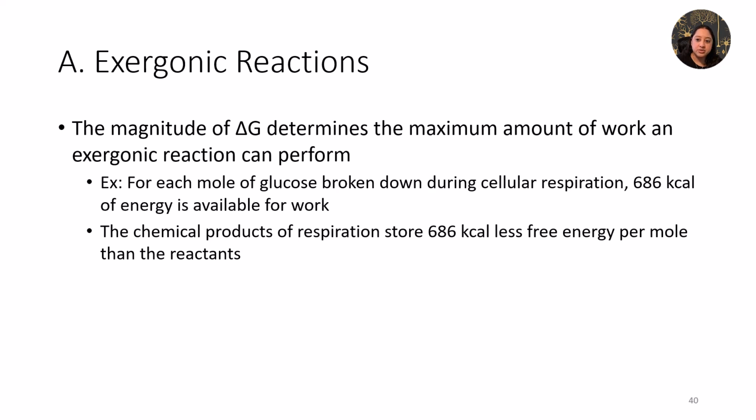When you break down glucose, you're getting 686 kilocalories of energy, and that's energy available to do work for cells or digestion or whatever process it's going to power. So technically, the chemical products of respiration, on the right side of that graph, have 686 kilocalories less energy per molecule than that bigger bar on the left.